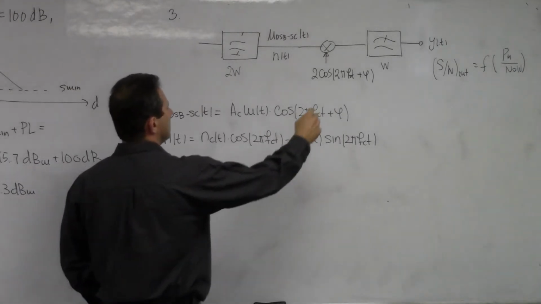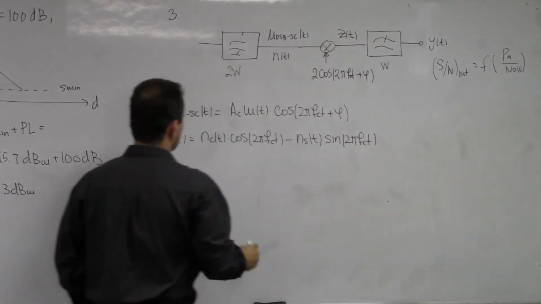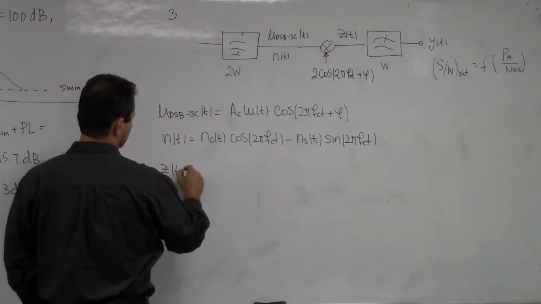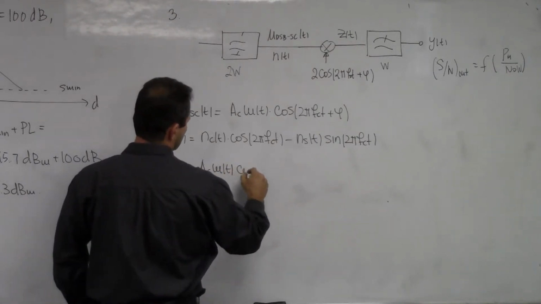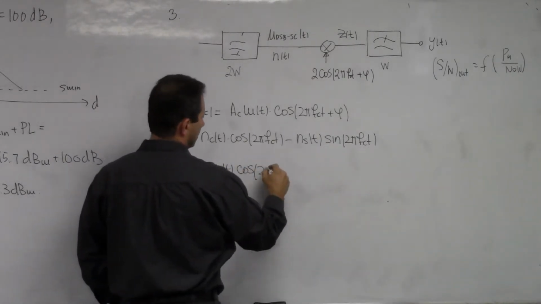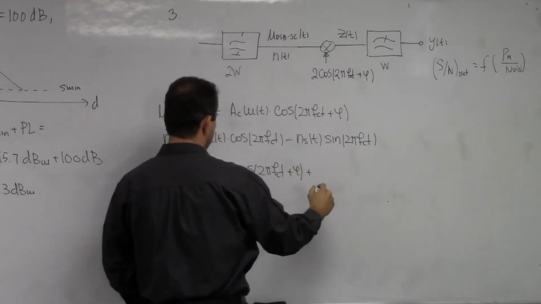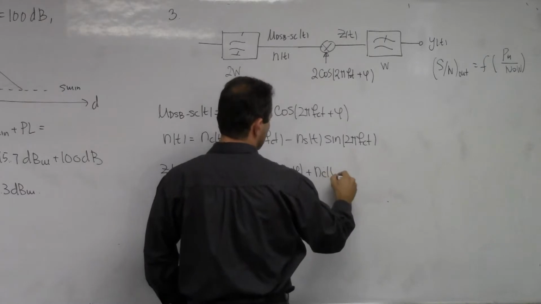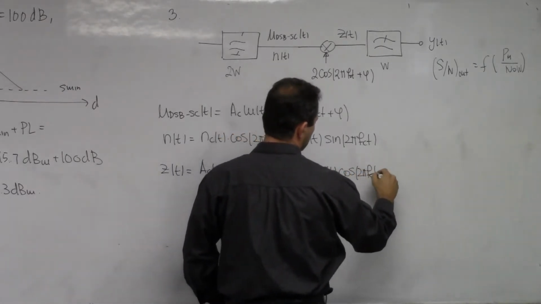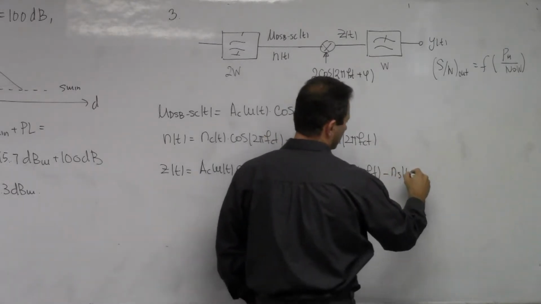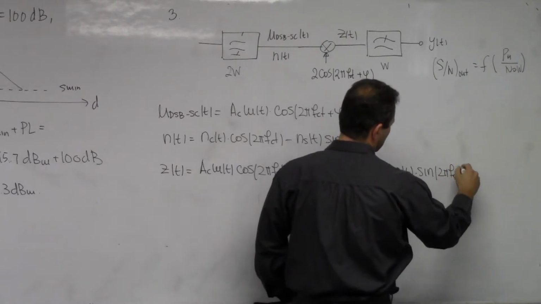Now, when I multiply with the cosine here, let me call this Z of t. Z of t is going to be A_c m of t cosine 2 pi FCT plus NC of t cosine of 2 pi FCT minus NS of t times sine of 2 pi FCT.